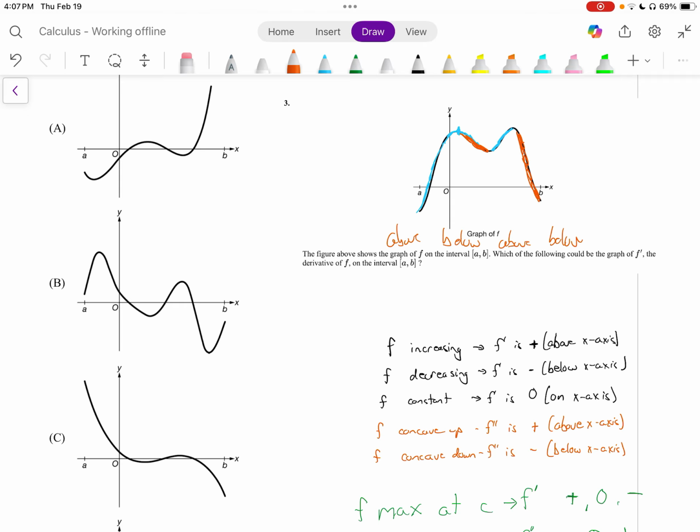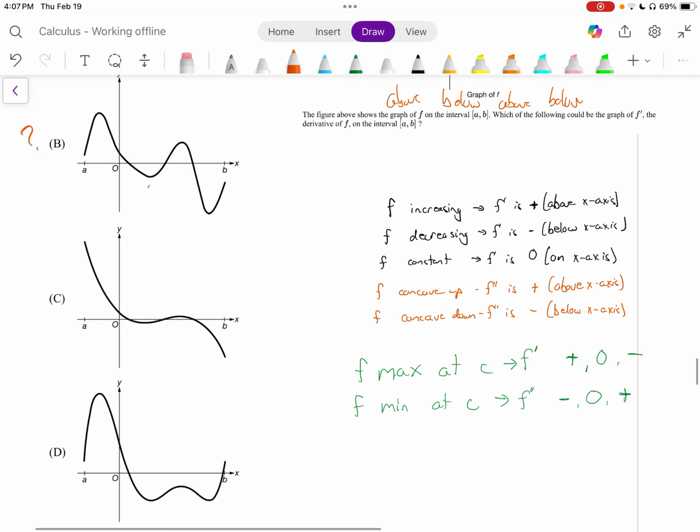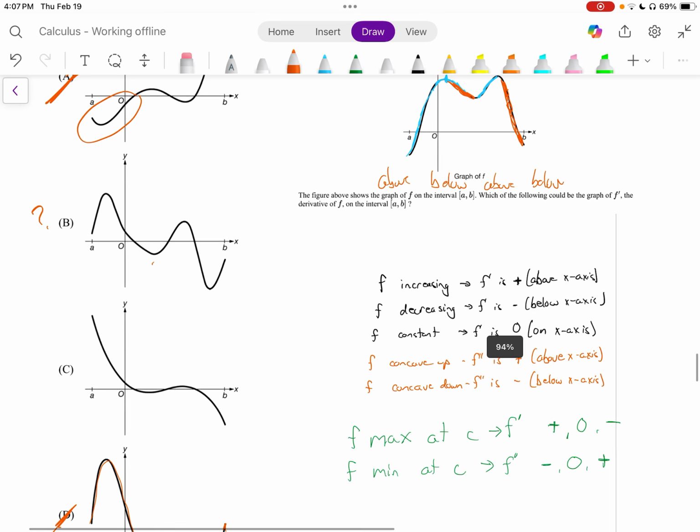So let's start with A. It can't be A. A does not start above the x-axis. B, it could be B. It goes above, below. So it could be that. C, above, below. It could be C. It can't be D because it's above and then it stays below for a while and then goes back above. So it can't be D. So it's either B or C.